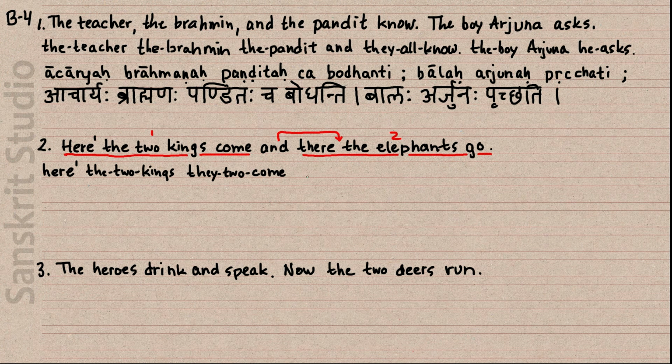So when we are doing our word order correctly, we have to have there first, and then, and we are grouping the elephants, and we are clarifying go.